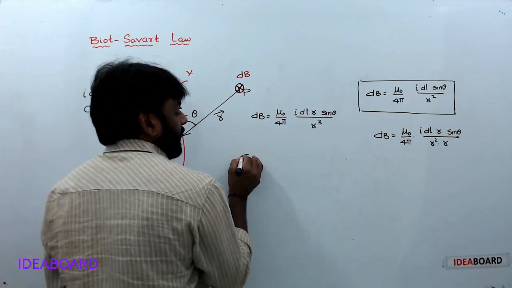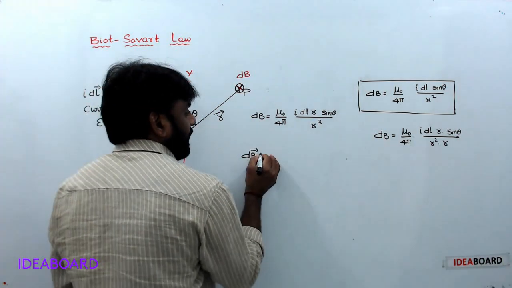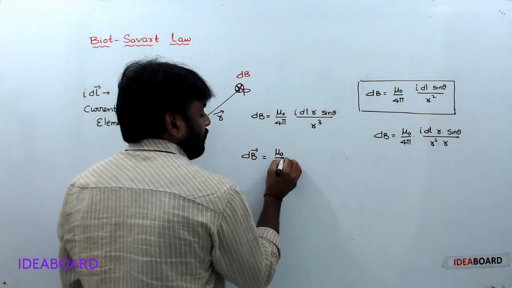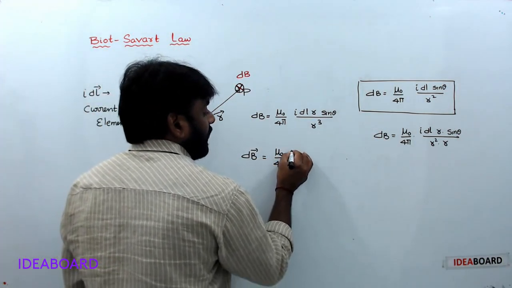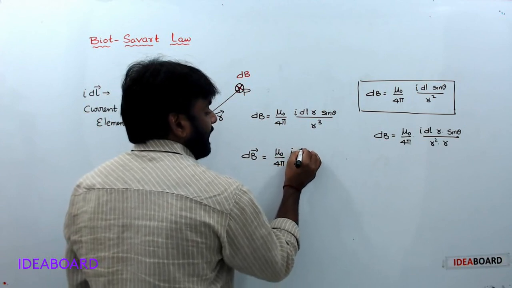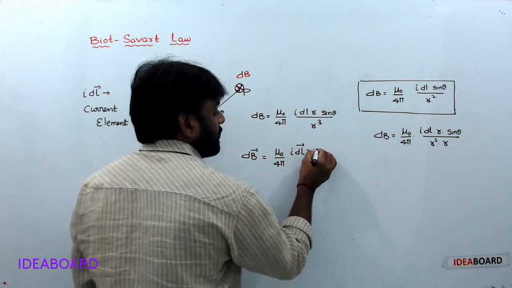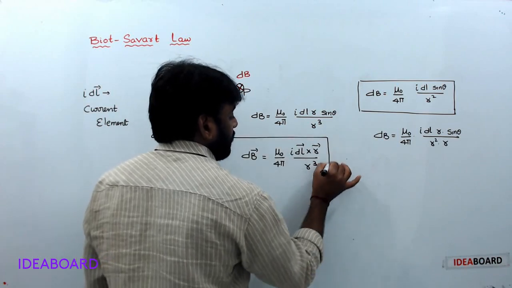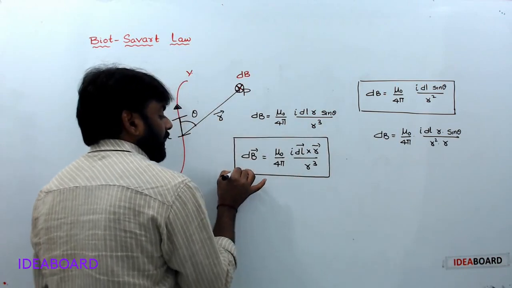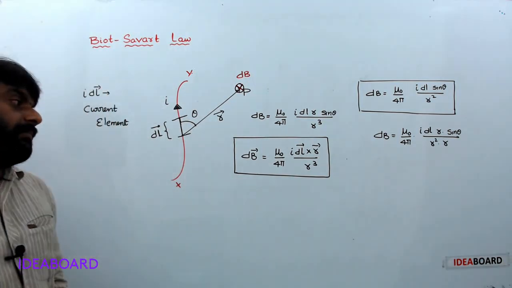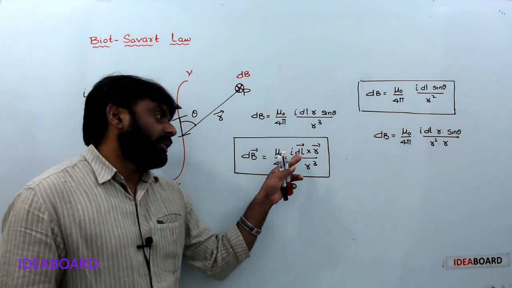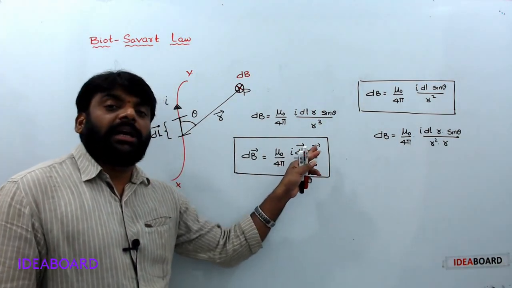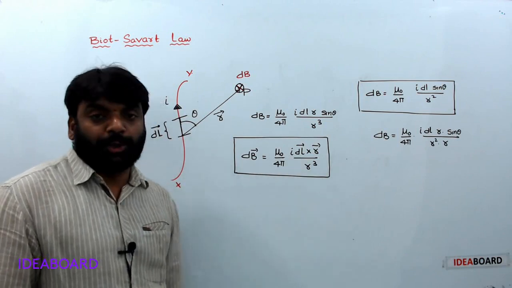In vector notation it is written as dB bar equal to mu naught by 4 pi, I dl bar cross r bar by r cube.